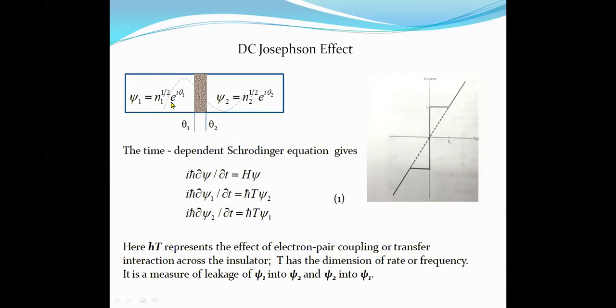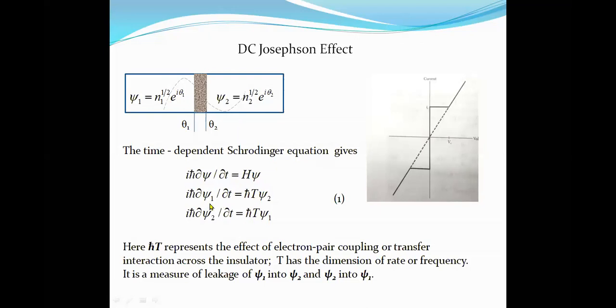I mean, this boson, or you can say this Cooper pair, has a rate of transfer from one side to the other. So this represents the rate of transfer, and together it has a dimension of energy. It is the measure of leakage of the Cooper pair transferred from region 1 to 2, or from region 2 to region 1.